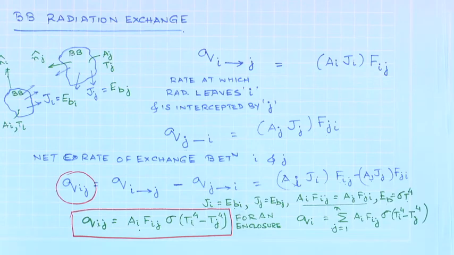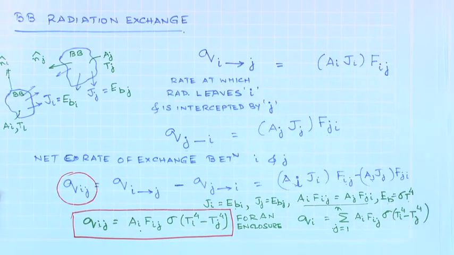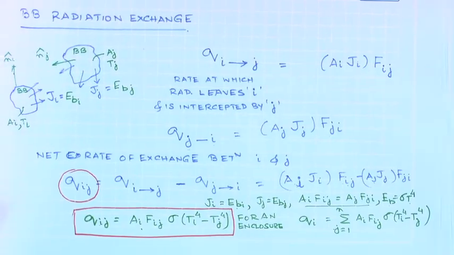This is an extremely important relation which we have done for the black body, but we will see how real surfaces can be handled. In the remaining time, I will quickly solve a problem.